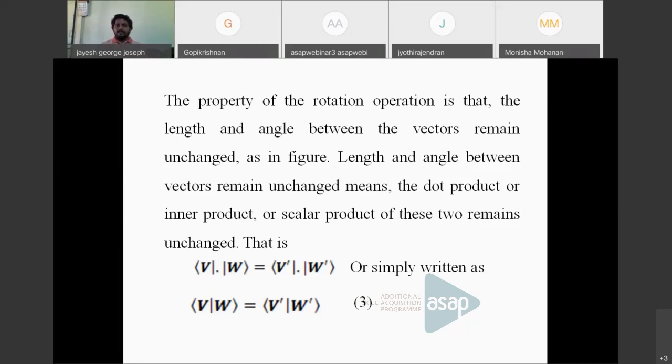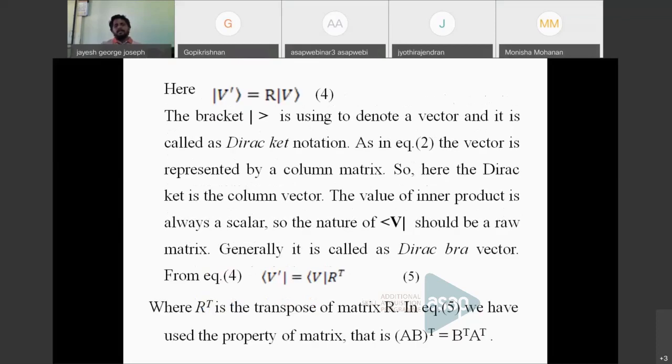Writing it with a vertical line between the two vectors, we take it as a single entity: <v|w> = <v'|w'>. The prime denotes transformed throughout this lecture, and unprimed denotes original. This is equation number 3. Here v prime is equal to R times v, where R is our transformation matrix.